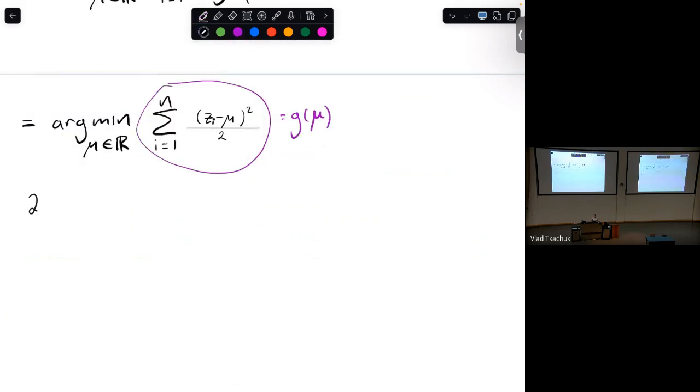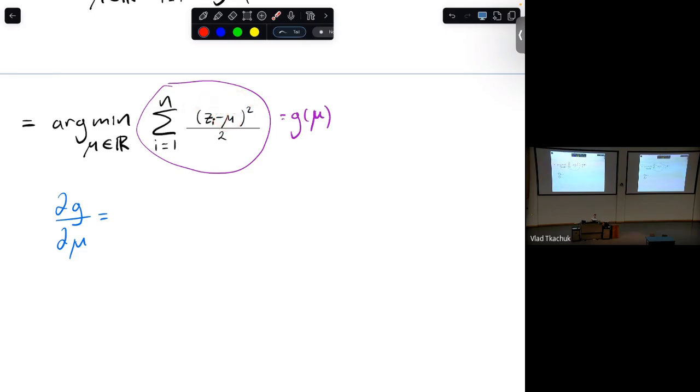So the partial derivative, and maybe I'll do this in blue as an intermediary thing. Partial derivative in terms of mu of this thing, right? Well, what is it? It's a sum of a bunch of things, but you can take the partial derivatives of each of the terms in the sum, so I'm just skipping all that. The 2 comes out here. Take the derivative of this, you get a negative.